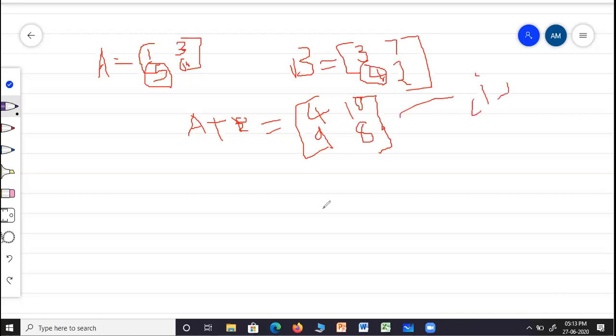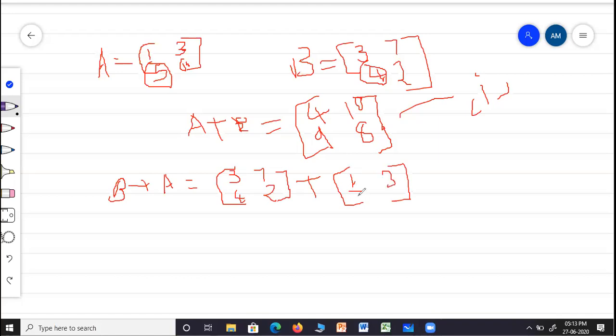Now we'll find B plus A. First we write B: 3, 7, 4, 2, plus A, that is 1, 3, 5, 6.